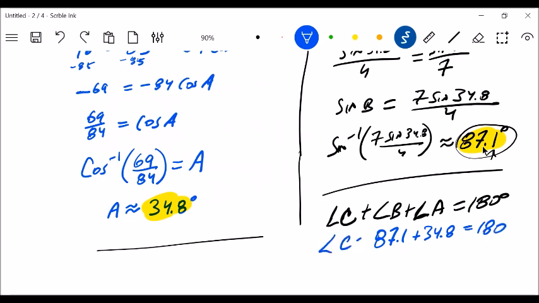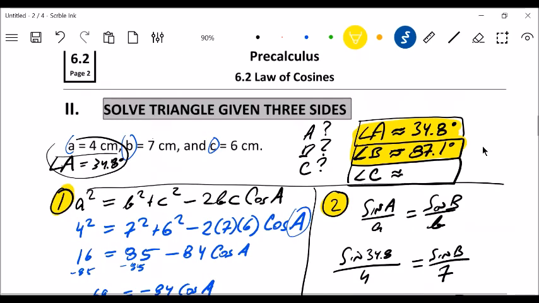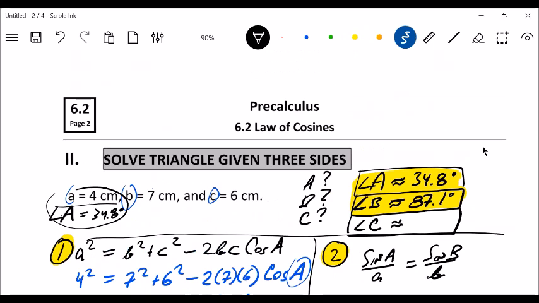So add these together, subtract them from the 180, and angle C is approximately 58.1 degrees. And let's put it back up here, 58.1 degrees.